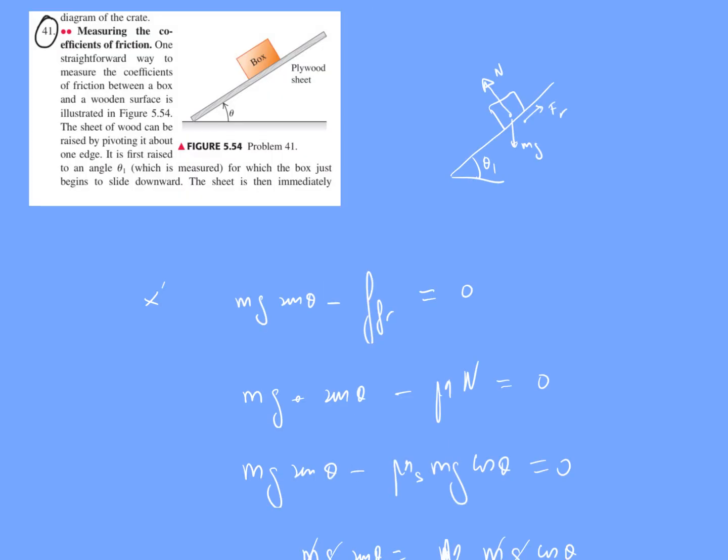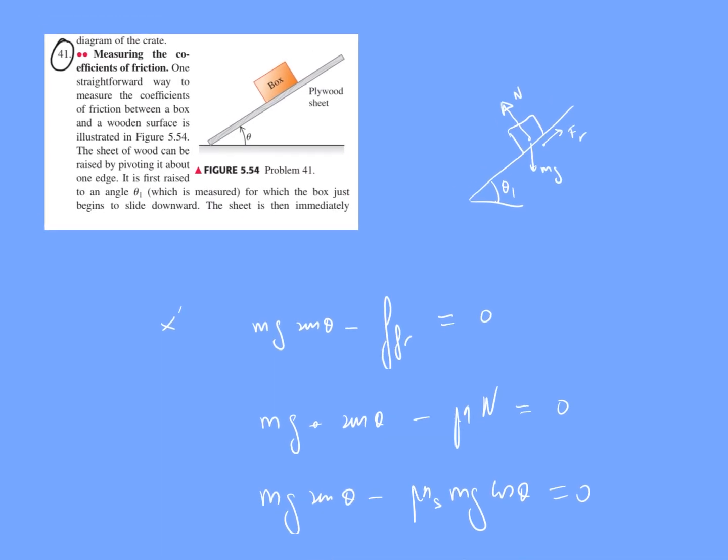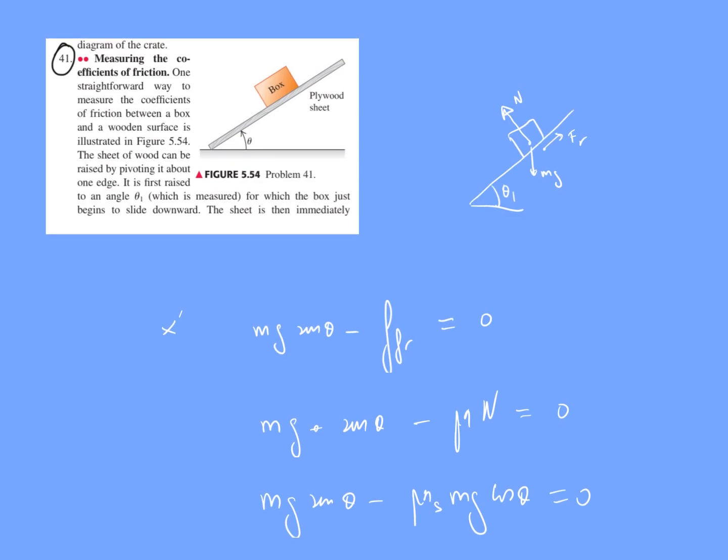Okay. This is a problem that maybe you have done in the lab. It's about measuring the static coefficient of friction. And the idea is the following. This is the box, this is the angle. You start to increase the angle, and the box doesn't move, doesn't accelerate.